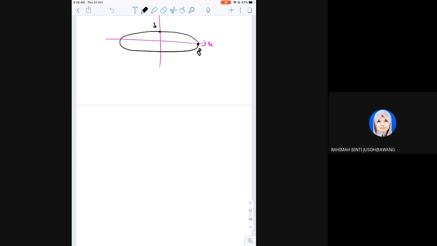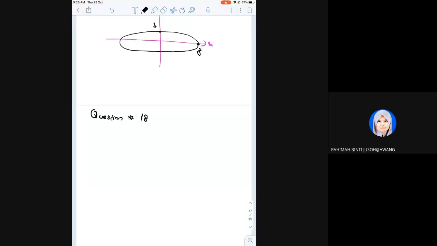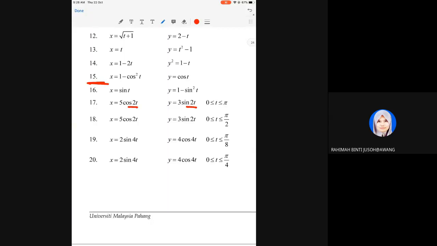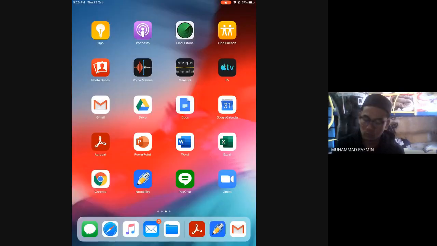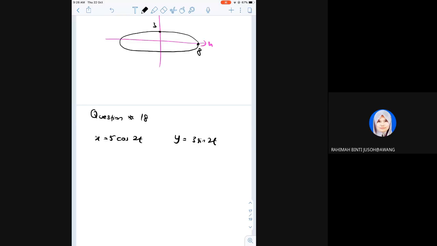Okay, now let's go to the question. Question number 18 saya nak buat. X equals 5 cos 2t, y equals 3 sin 2t, and then t dibagi daripada kosong sampai pi over 2 je.